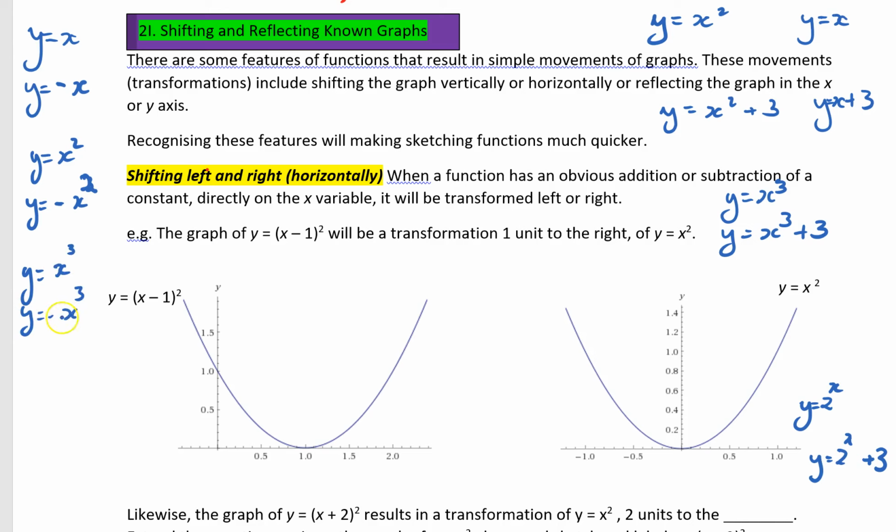And so on. What is the impact of the negative? As opposed to, what is the impact of putting the negative inside the bracket and then cubing it? So this is our basic function. This is putting a negative in front of the whole thing. This is just impacting directly on the x and then cubing it.